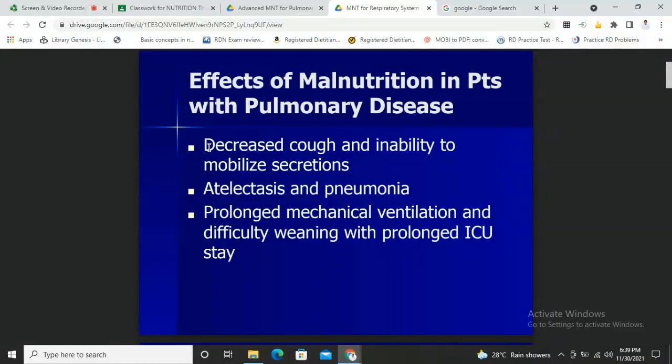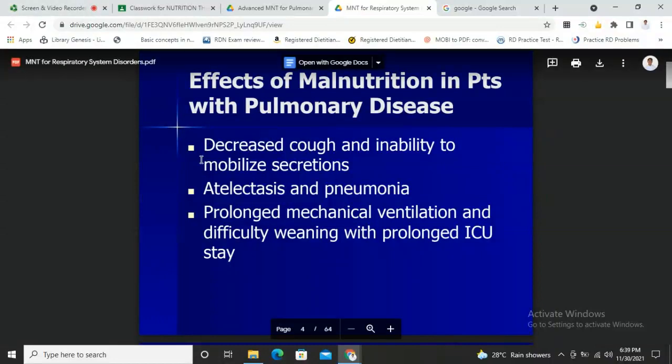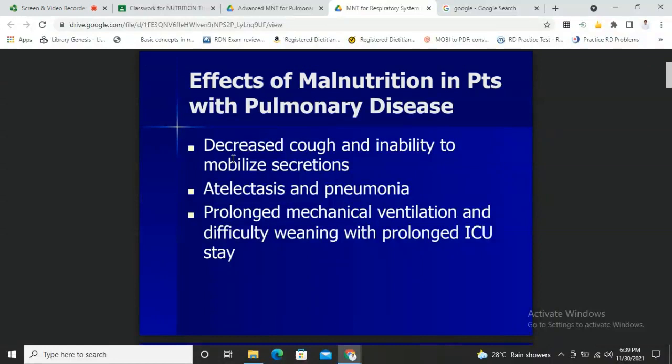You have probably experienced that before, if you had asthma or a severe cough, it's a bad feeling to keep coughing, right? It really decreases the quality of life. So by maintaining the nutritional status of the patient, there is a positive impact on excreting excessive phlegm.